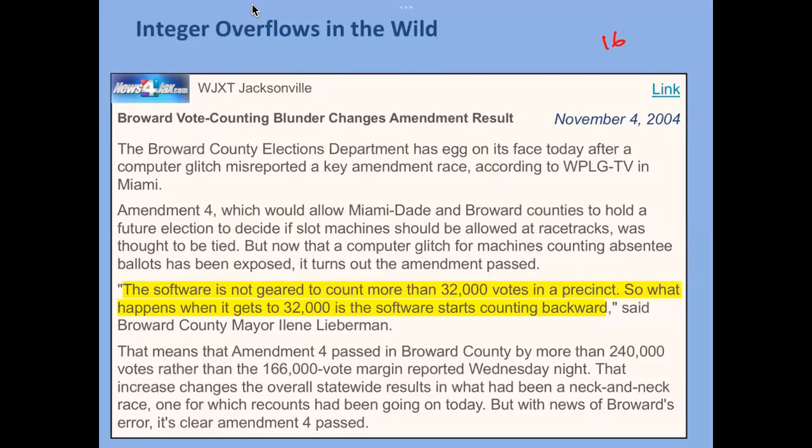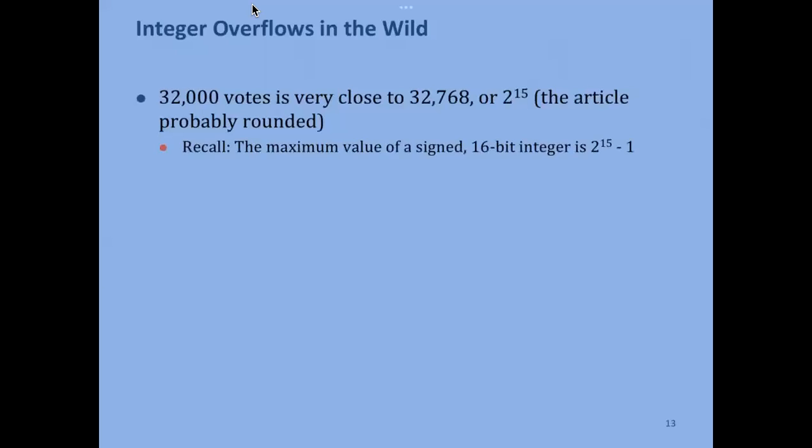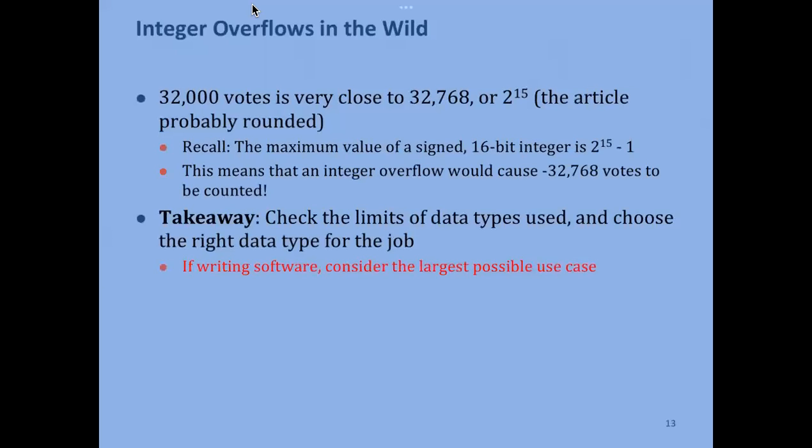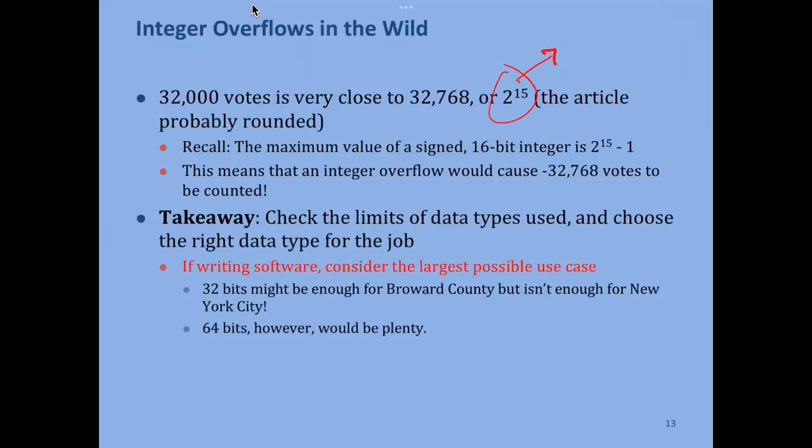The number of votes cast was more than that, so the result was wrong, and this happened somewhere in the US. With a signed 16-bit integer, approximately half the numbers are positive and half negative, and if the number of votes is more than this, there is trouble. Let's go ahead.